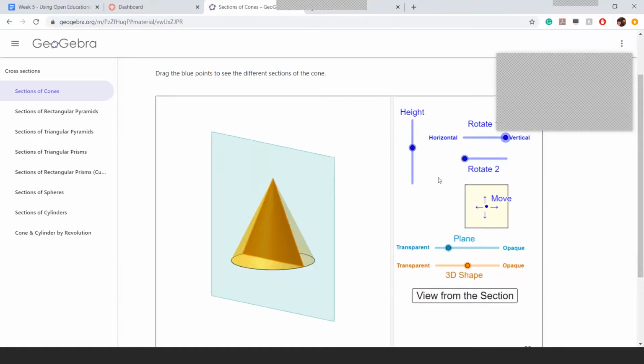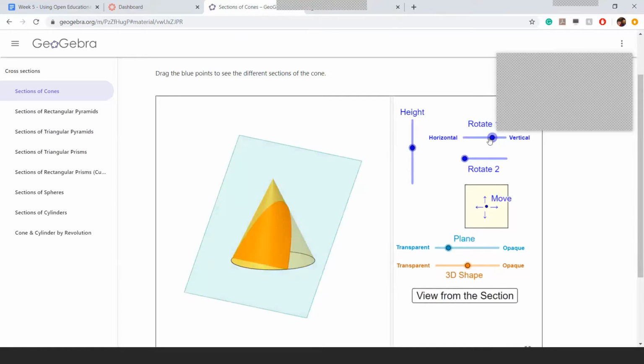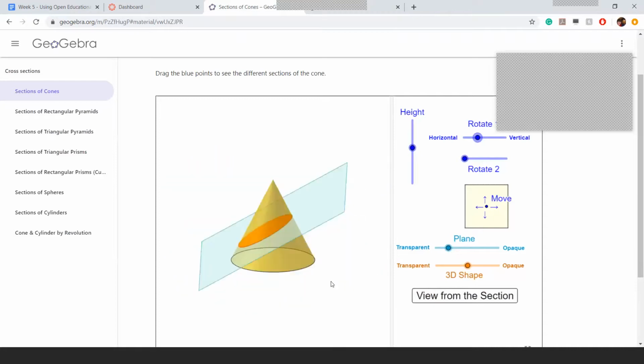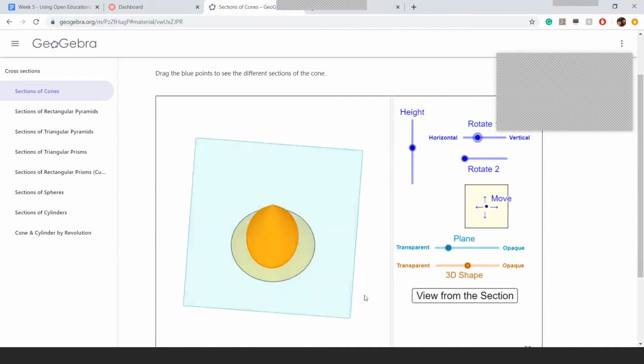And just kind of make sure it cuts in a funny way. About right here. And if I cut right about here, giving myself some space on the base of my cone, I sometimes get a circle. See how it's elongated right here? It's actually not perfectly round.